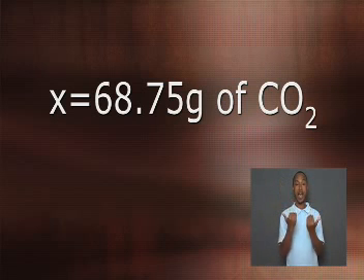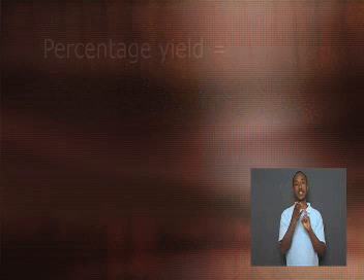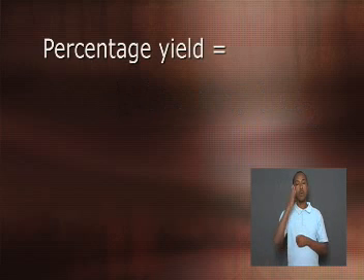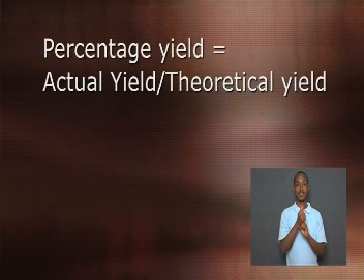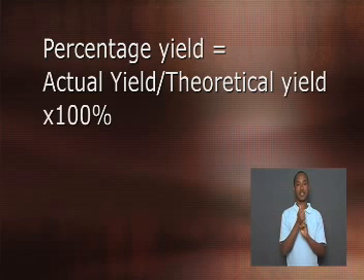Now we have the actual yield and the theoretical yield. With both of these, we can calculate the percentage yield. We know that the percentage yield is equal to the actual yield divided by the theoretical yield multiplied by 100%.